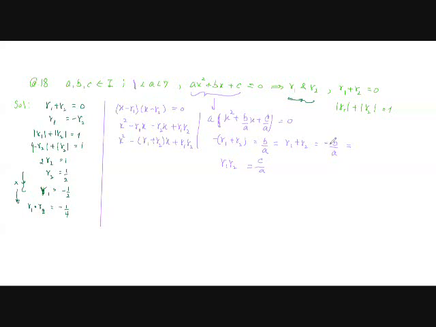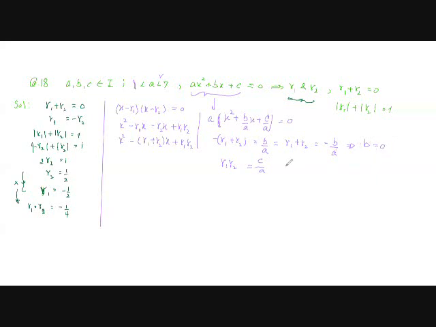And R1 plus R2 is 0, so in this case we can conclude B should be 0, correct? But A we cannot conclude yet, because it can be many numbers between 1 and 7. But we know A shouldn't be 0 because of the restriction here. So the only case for R1 plus R2 is B equal to 0.